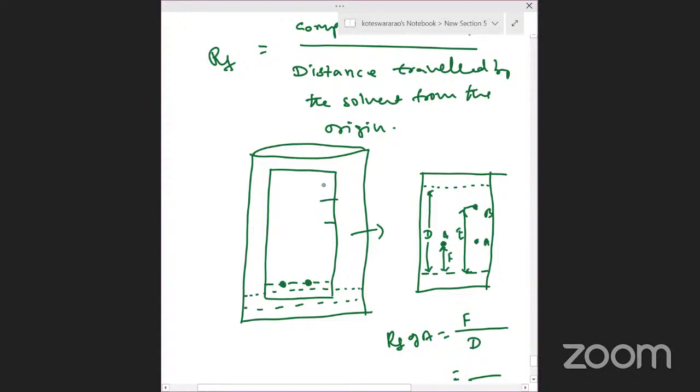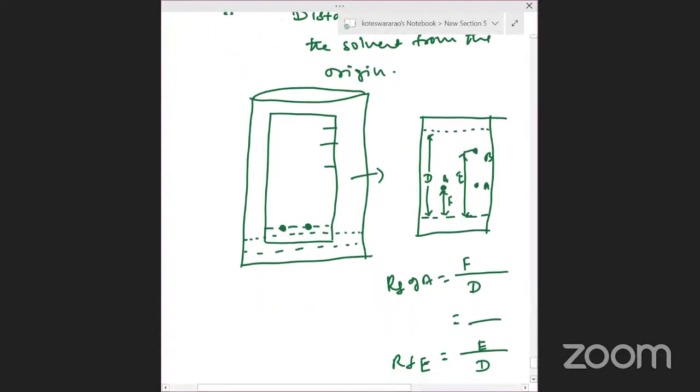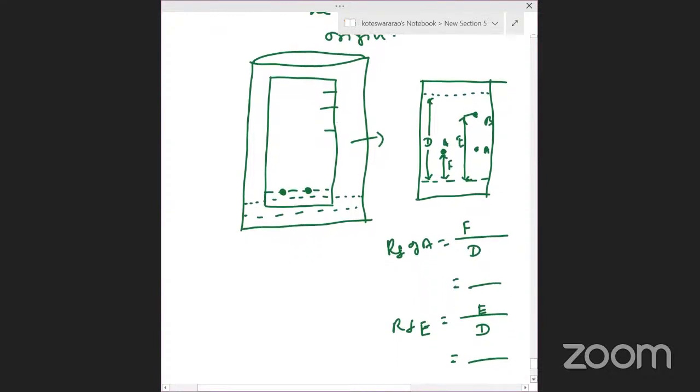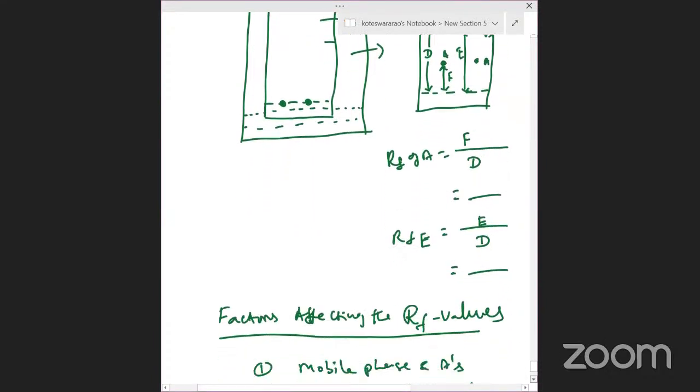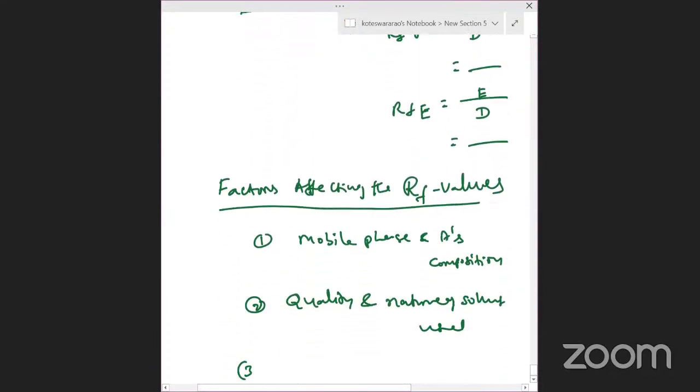That means as the distance increases, the RF values also increase. Therefore, while you are developing the chromatography or paper chromatography, you need to maintain the same distance from the origin to the solvent front position. Then only can you get accurate RF values that will not change. If you change the distance from the origin to the solvent front, the values also change.